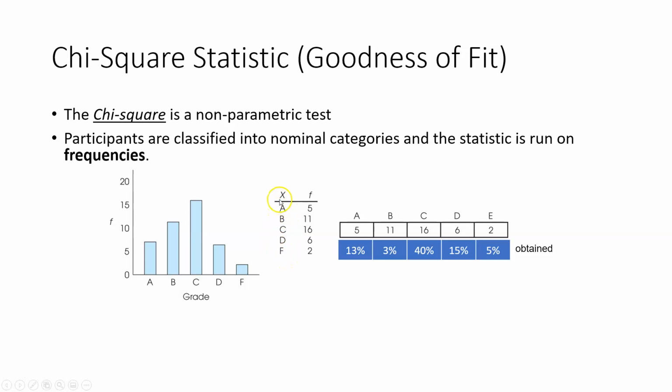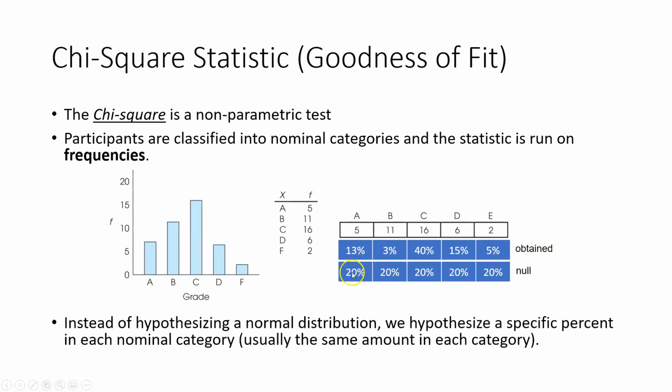You recall the format for a frequency distribution graph and a frequency distribution table back from Module 1. In this case, 5 people got an A, 11 people got a B, 16 people got a C, and so on. If you had those proportions listed out here as your obtained percentages, then you could compare those percentages against some hypothesized null hypothesis.